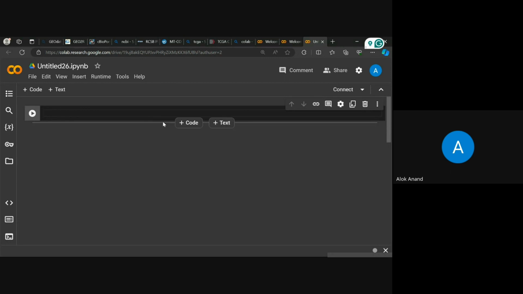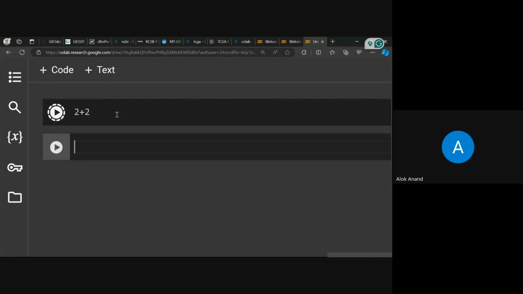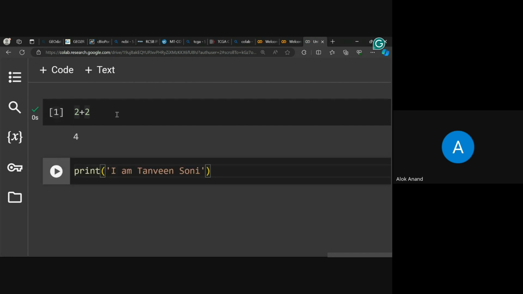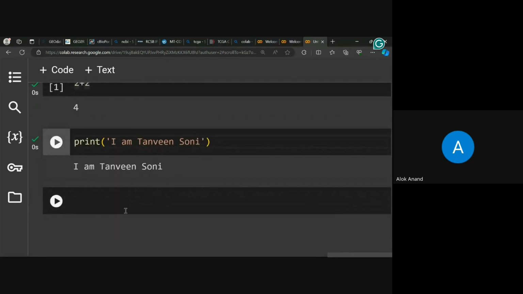Now suppose I want to perform some basic calculation, 2 plus 2. It returns the answer. Now suppose I want to write print I am Tanveen Soni. I wrote 2 plus 2, it returned 4. I wrote print I am Tanveen Soni, it returned I am Tanveen Soni.